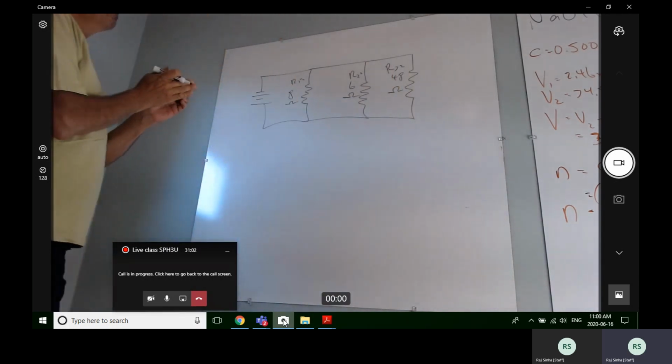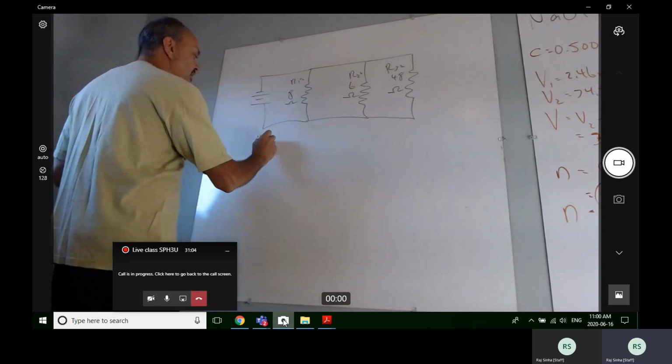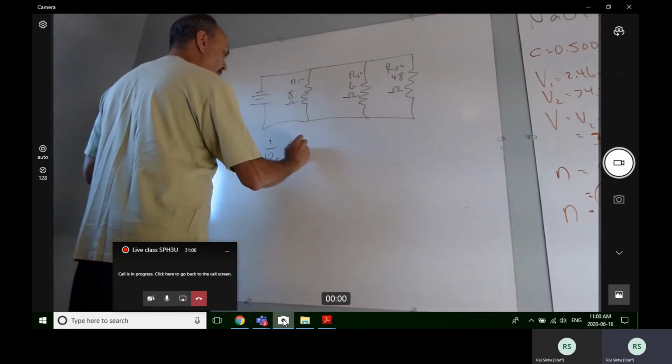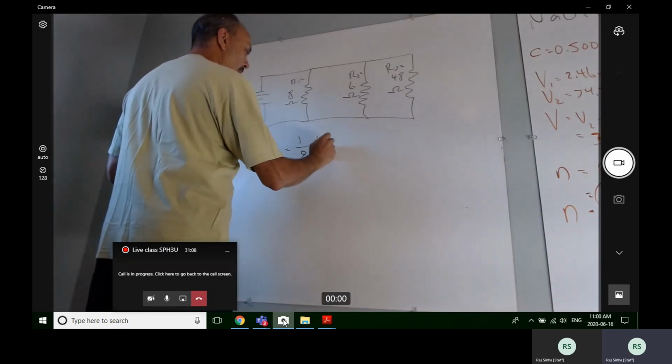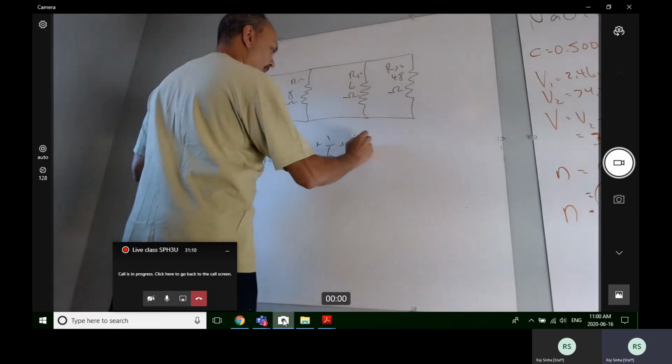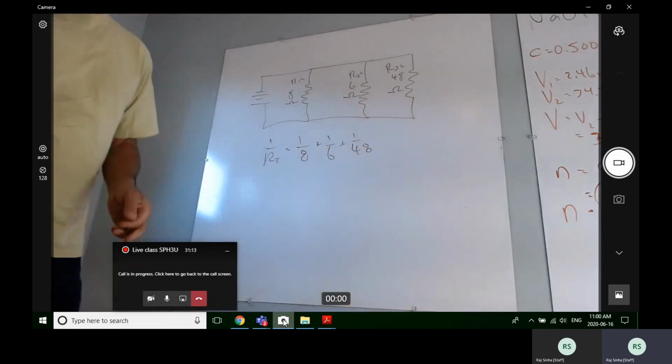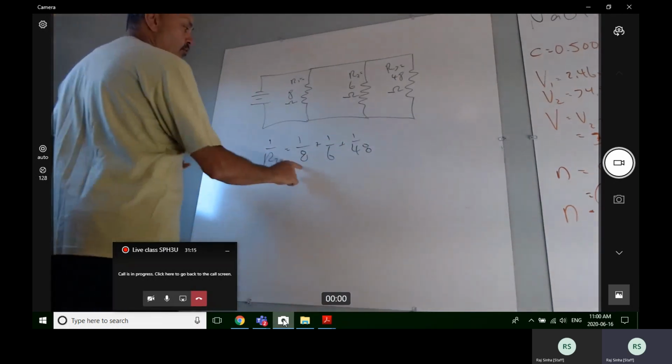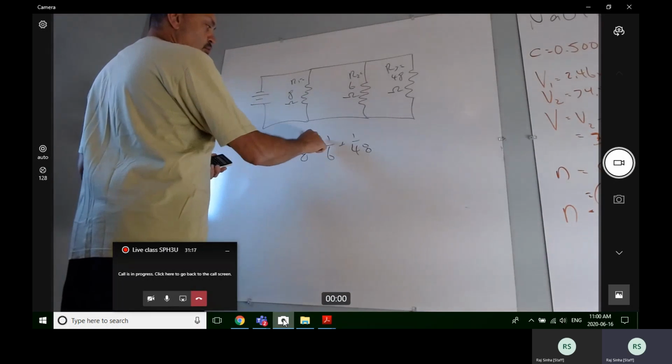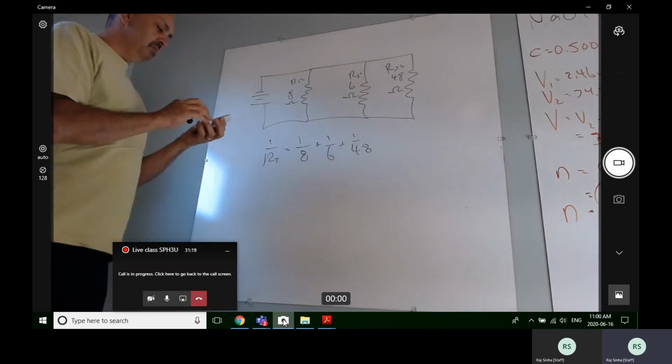Okay, so to find the total resistance from these three, I'm going to use that 1 over x button on my calculator again. So 8, 1 over, plus 6, 1 over, plus 48, 1 over will give me an answer.